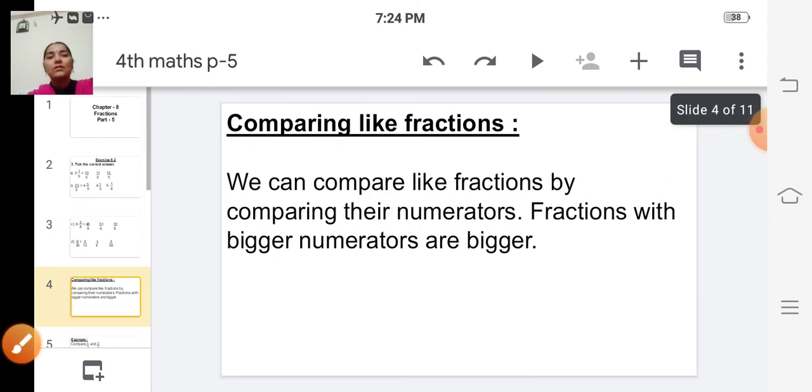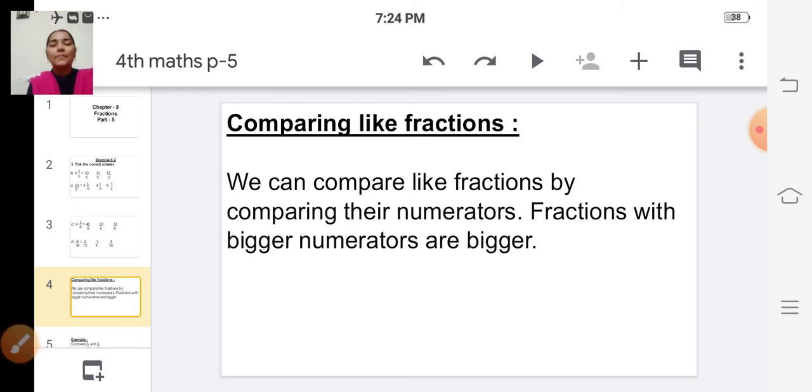Yes. So next one, comparing like fractions. So we are going to compare the like fractions. How to compare? By comparing we can tell which one is bigger, which one is smaller, isn't it?